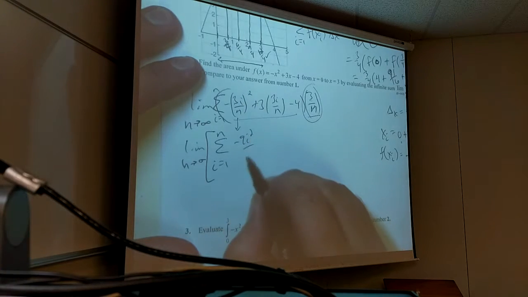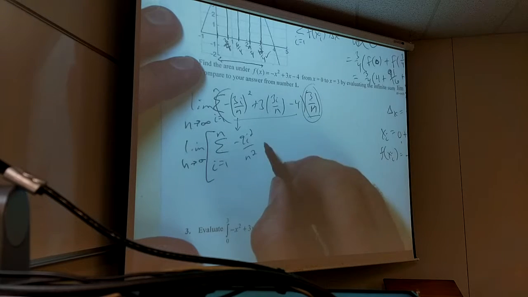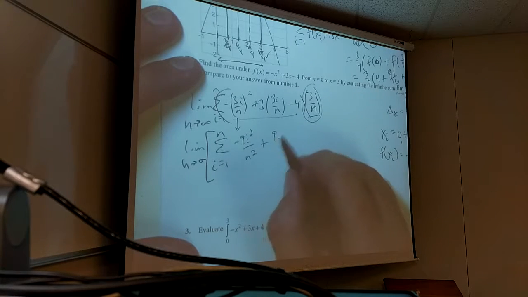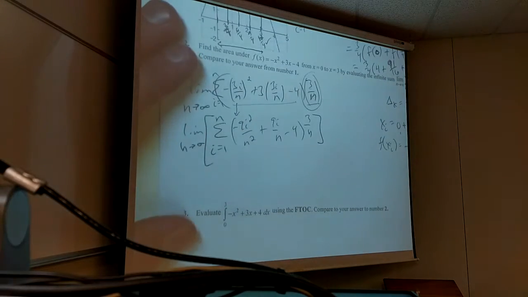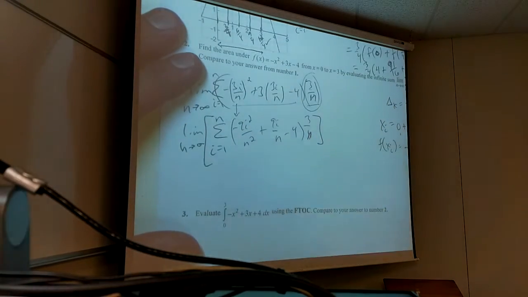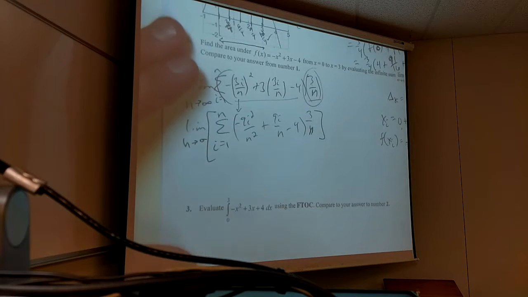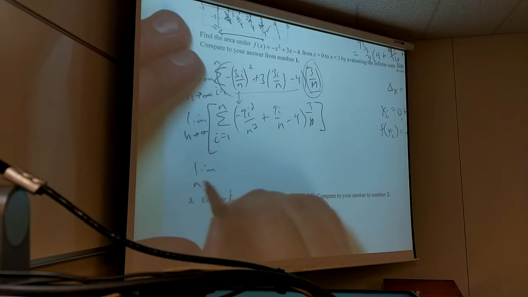Let me just do this one step at a time. Plus 9i over n minus 4, multiplied by 3 over n. A bunch of algebra here. Limit as n goes to infinity.